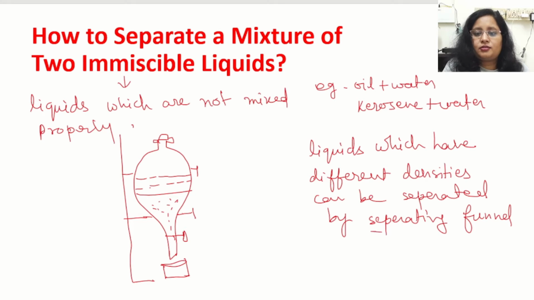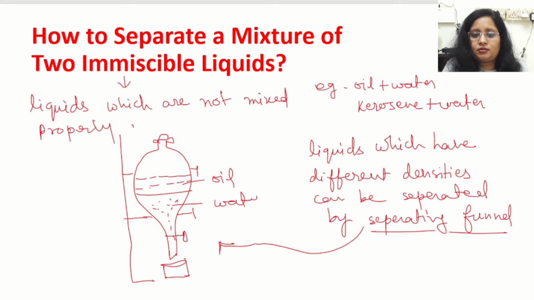Okay, so this is called our separating funnel, and here it is oil, here it is water. When the water and oil are separated, we can see easily that two layers are formed.